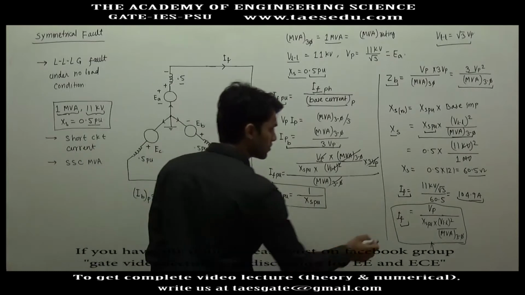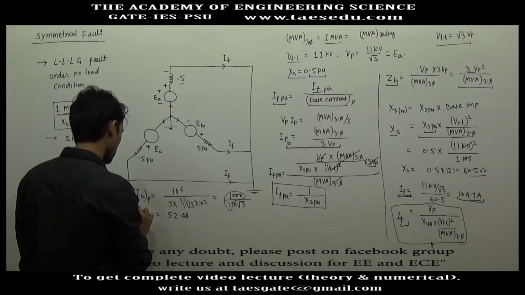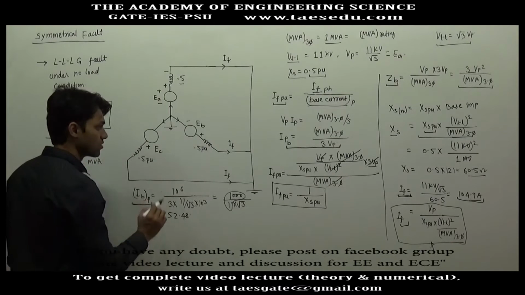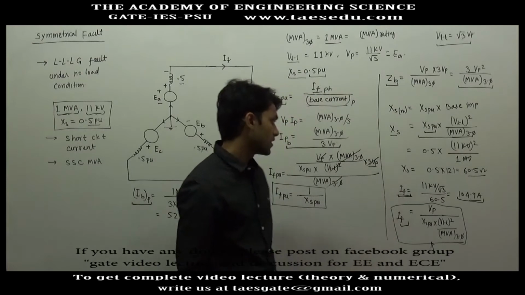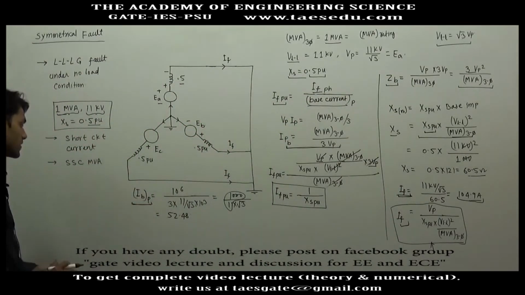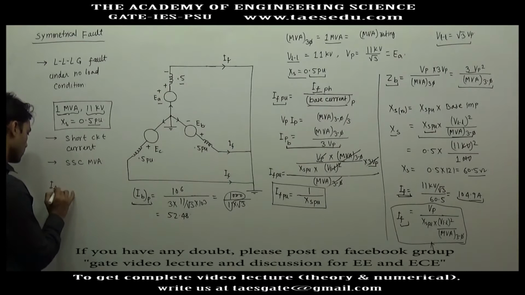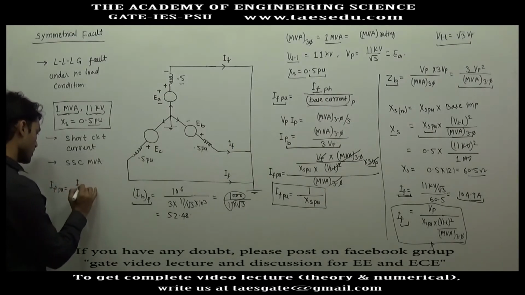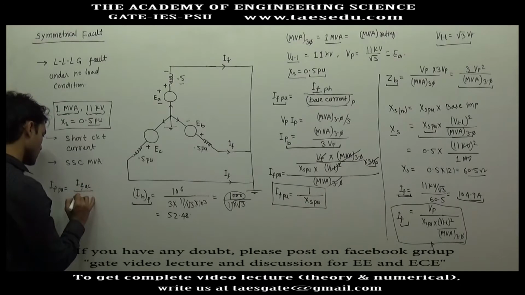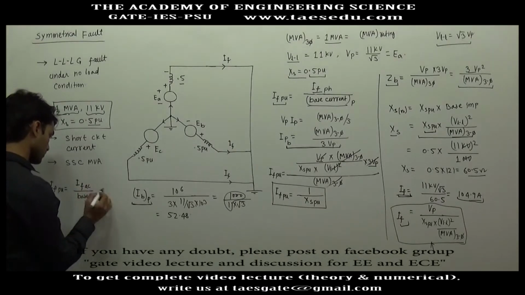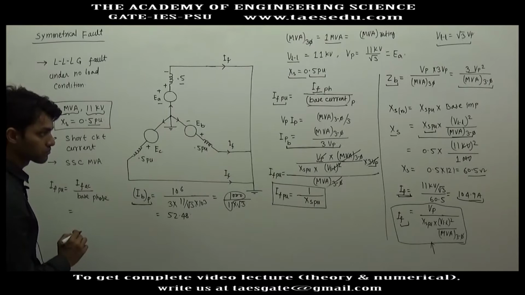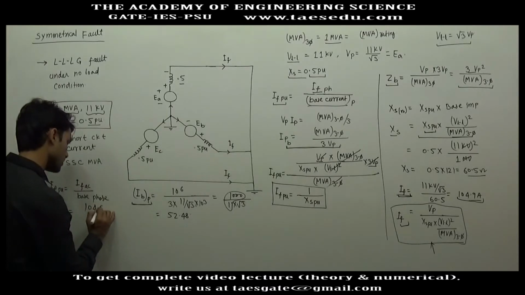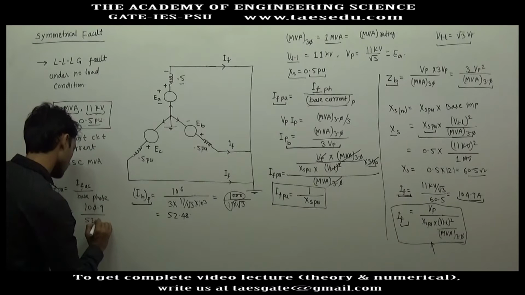So you have the actual value of per phase fault current, and you have the base value of phase current. So the PU value of fault current will be the actual value of fault current divided by the base value of phase current. This is 104.9 divided by 52.48.